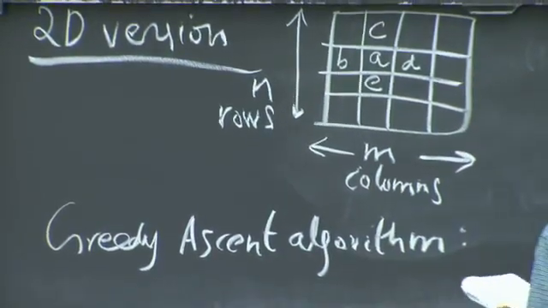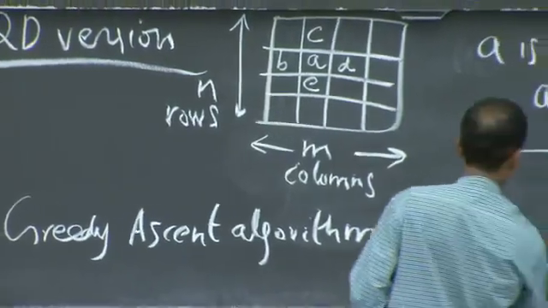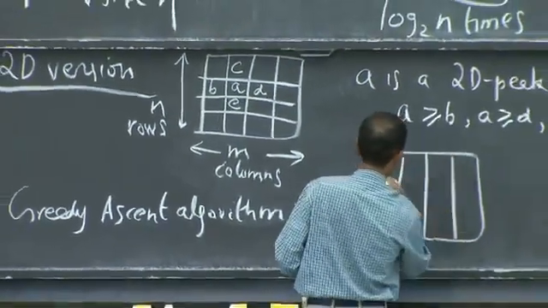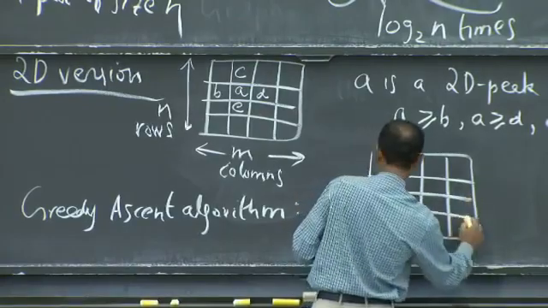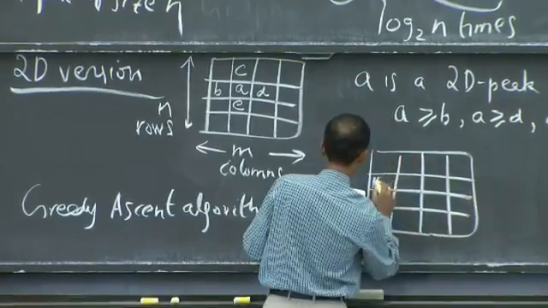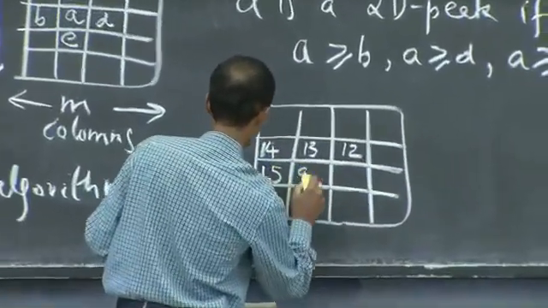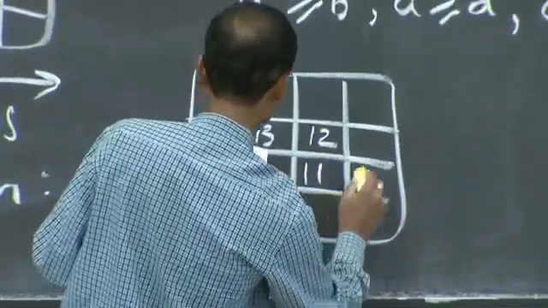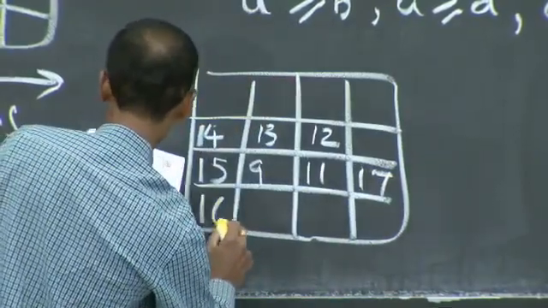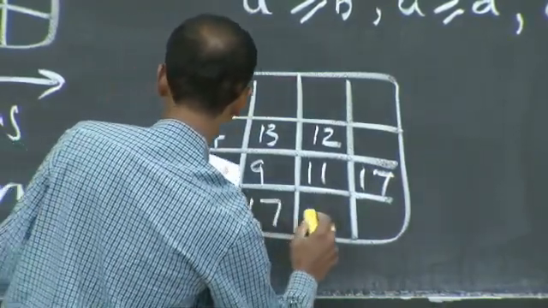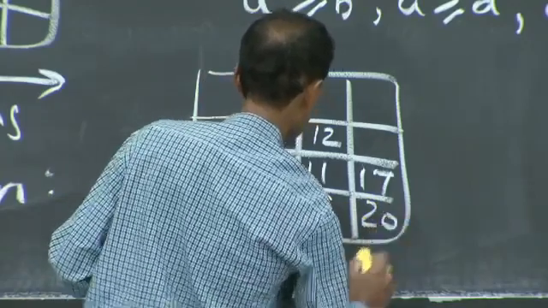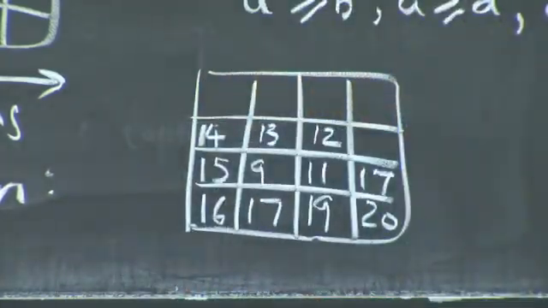So for example, if I had this particular matrix, 14, 13, 12, 15, 9, 11, then what might happen is if I started at some arbitrary midpoint, the greedy ascent algorithm has to make choices as to where to start.